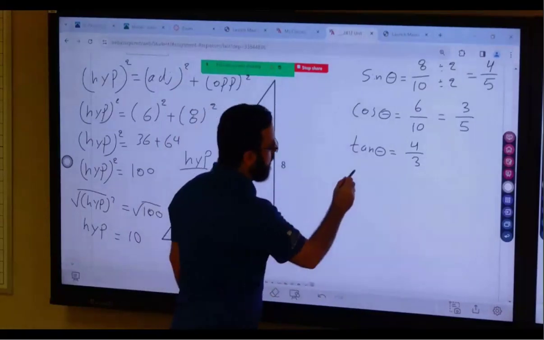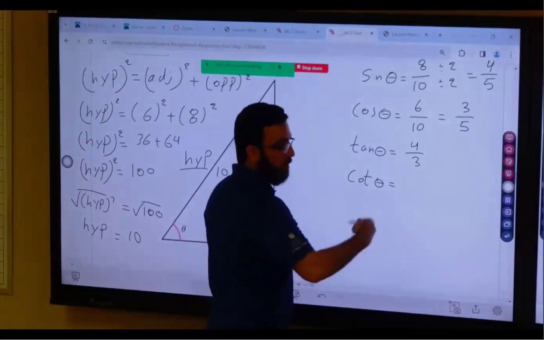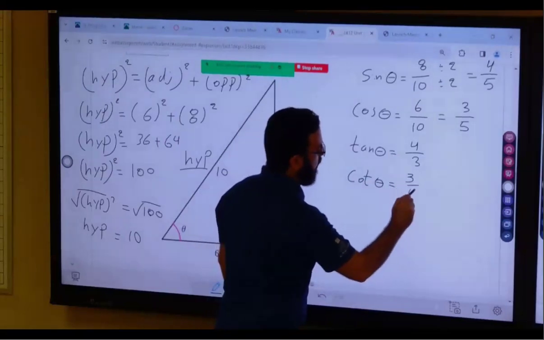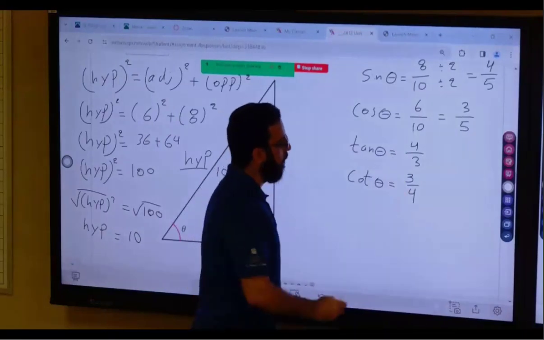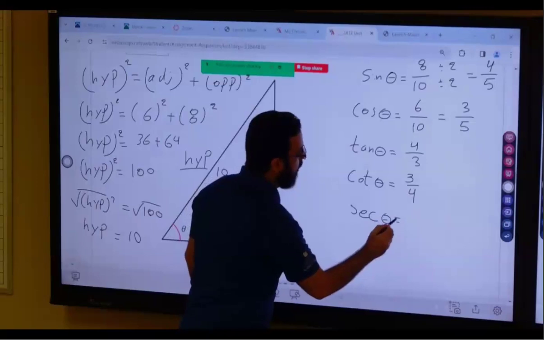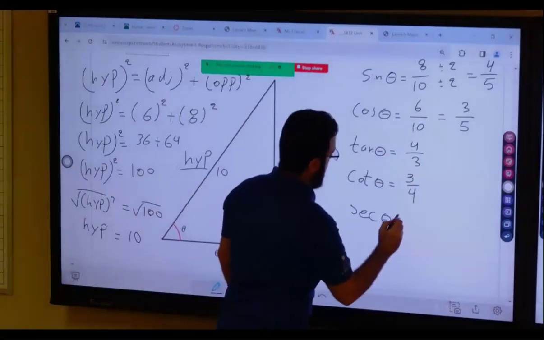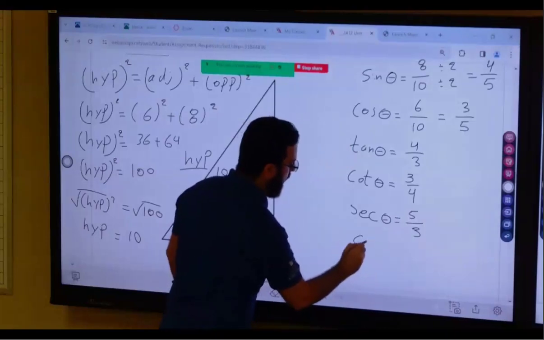What about cotangent? 3/4. Yes, it's the reciprocal of the tangent, so it's going to be 3/4. What about secant? 5/3. Cosecant?